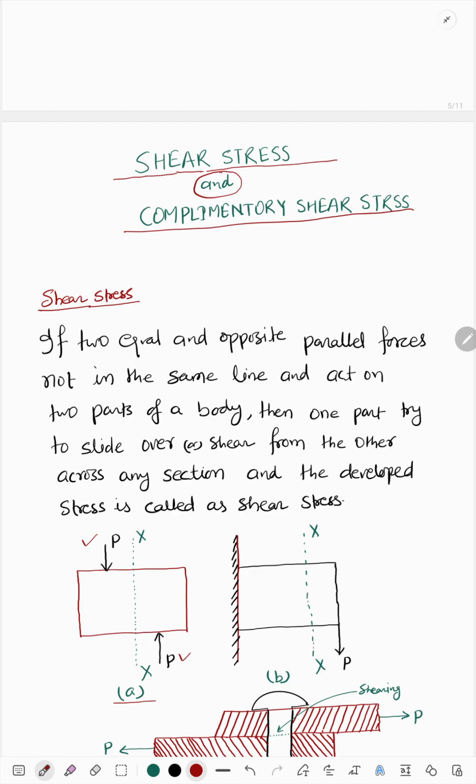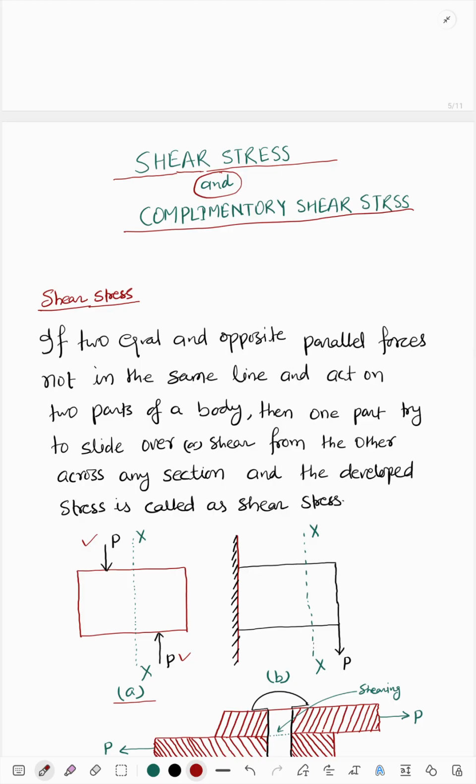At any plane within this area it will try to shear up, and the stress developed to shear this section is called shear stress.